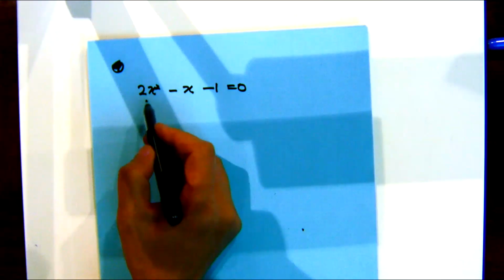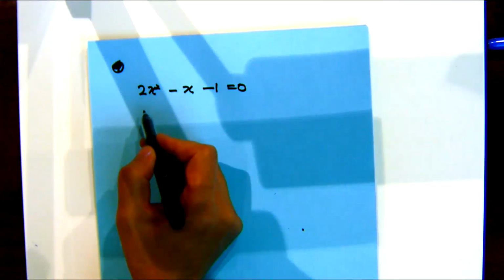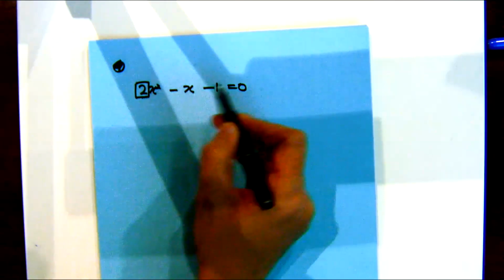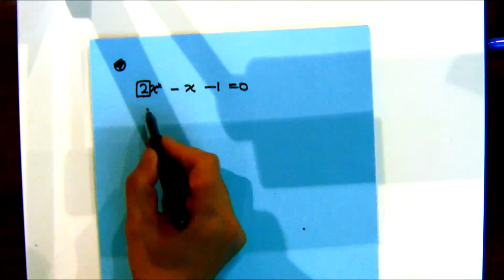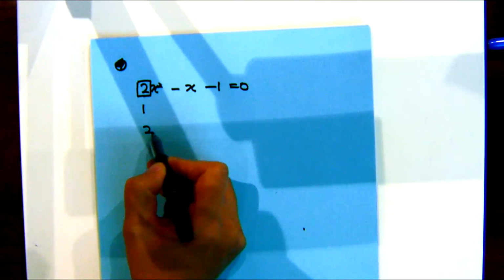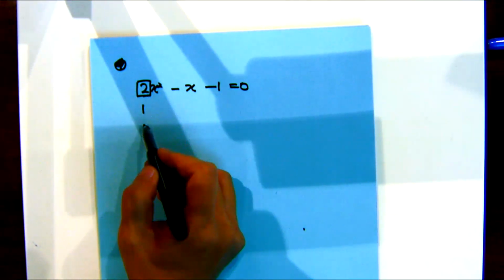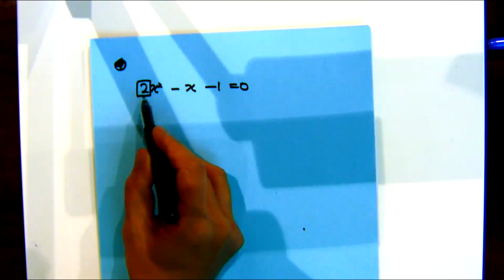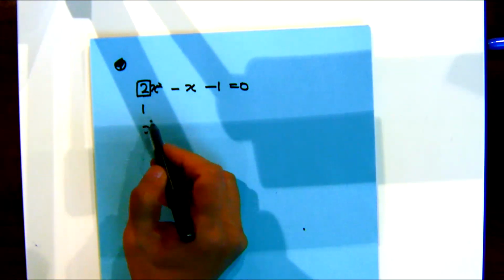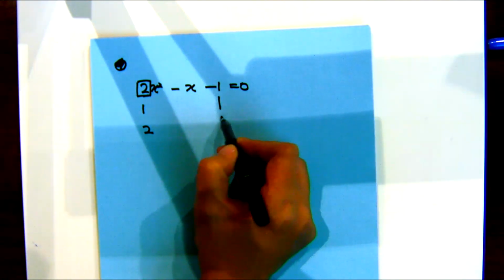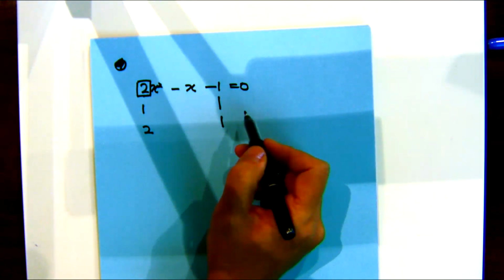It doesn't matter, but factoring goes like, we look at the highest degree term and we think about this term, and we just combine two factors of this, whose multiplication becomes this. This one is a prime number, is 1 times 2 or 2 times 1. This one is simple, 1 times 1 is the only possibility.